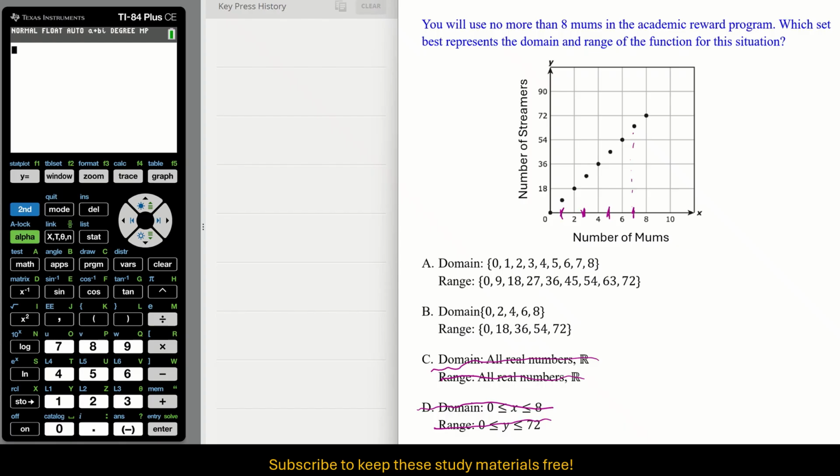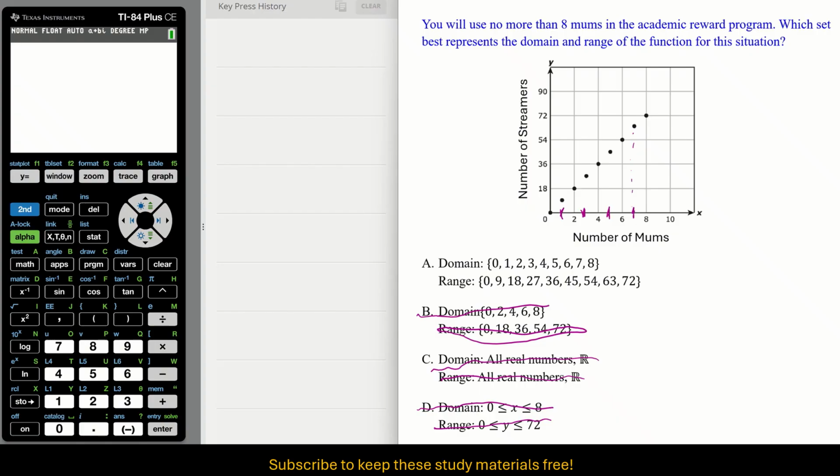Okay, now that being said, we need to look at our A and B options. Obviously, B has just chunked out our odd number of mums, which is not permitted. So that gets rid of that. Okay, and if you watched the prior part or the other video, let's just go with what we were supposed to be doing here.